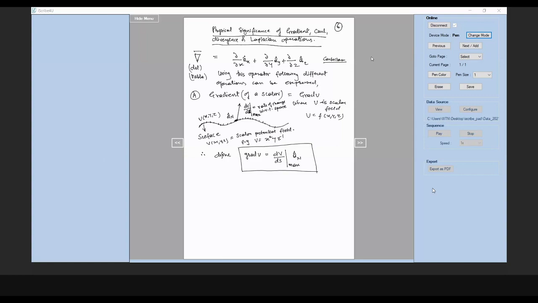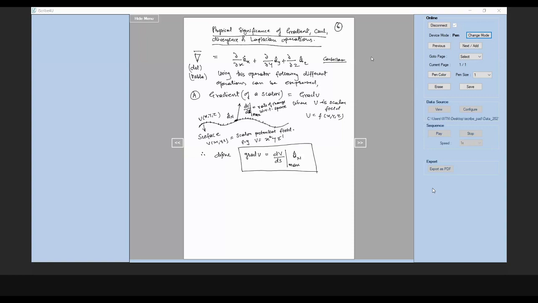Horizontal means zero slope, and the extreme case of maximum slope would be like the y-axis. So it will be normal to that particular surface at that point. Hence, maximum space rate of change would be there, and then you always get the gradient of a given scalar function.